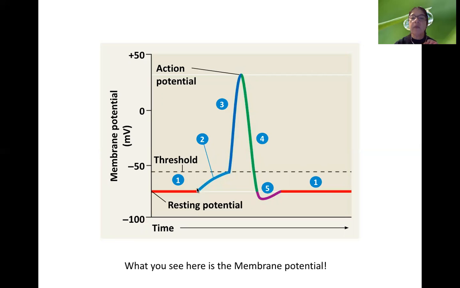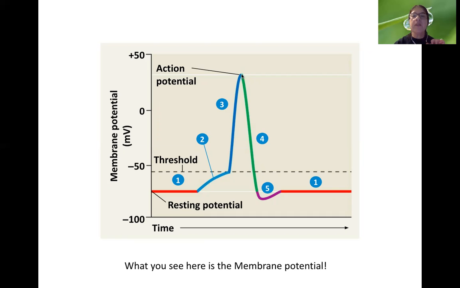The first sodium channels open, the membrane becomes, on the inside, less negative, more positive, because sodium flows inside the cell. Then more and more sodium channels open. These sodium channels are voltage gated channels. So the change in charge will result in more sodium channels opening. The inside of the cell becomes less negative, less negative, less negative until it reaches zero. Then it becomes positive.